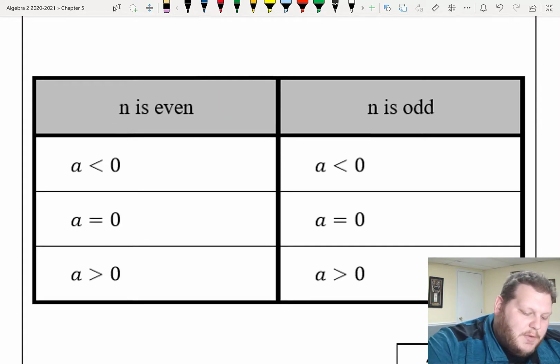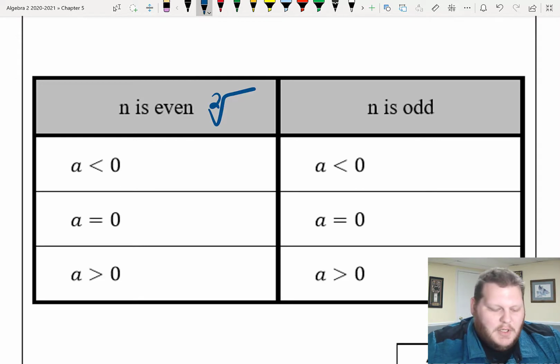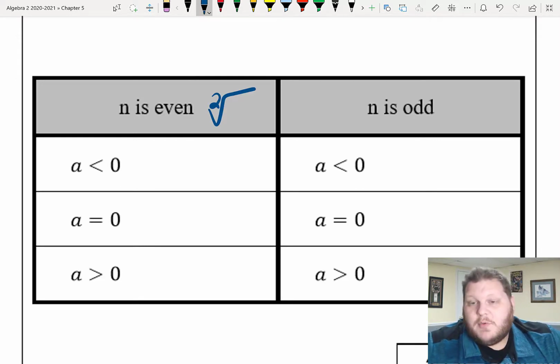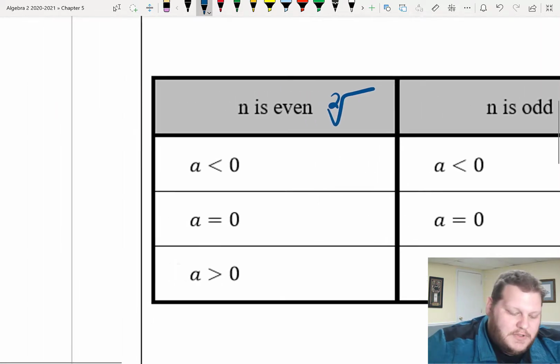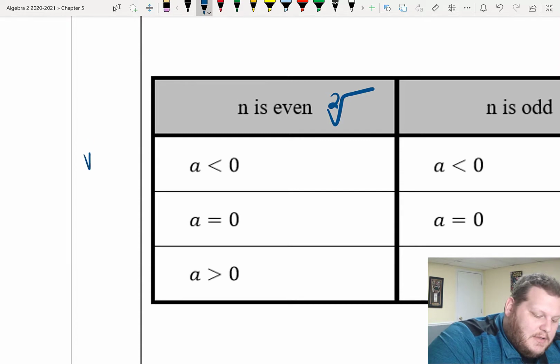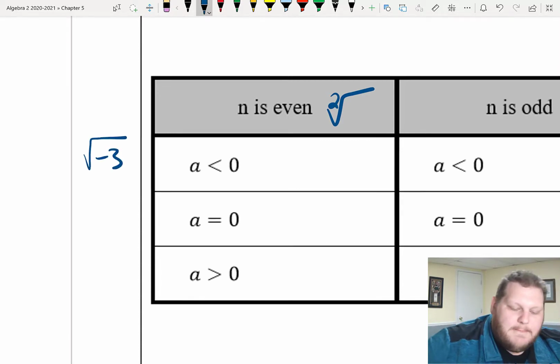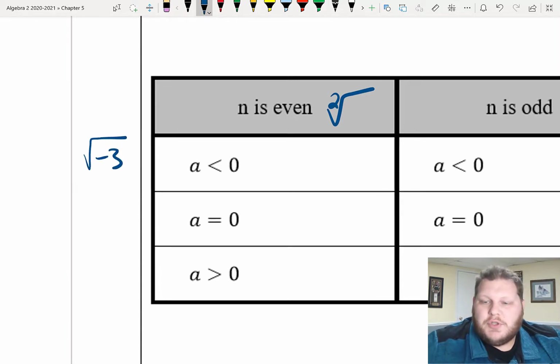So what are some things that we know about square roots, how many solutions we can have, that kind of stuff. If we're taking the square root of something that is smaller than 0, so let's just say we're taking the square root of -3, how many solutions do we know are possible there? Well, we know that we have to deal with imaginaries.